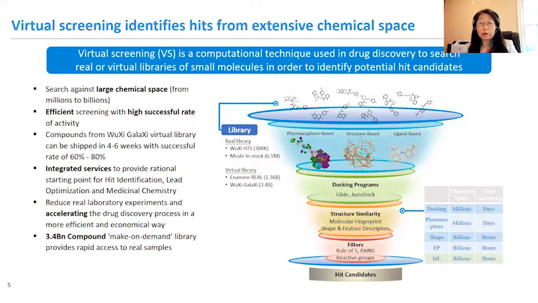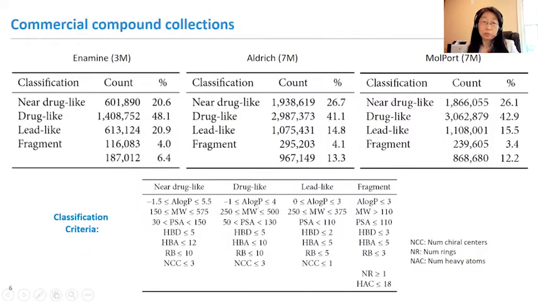Fingerprint methods are much faster, and especially the more modern machine learning-based screening technologies, which really will allow us to screen huge numbers of compounds in a very efficient manner. So we'll talk more about that as we move on.